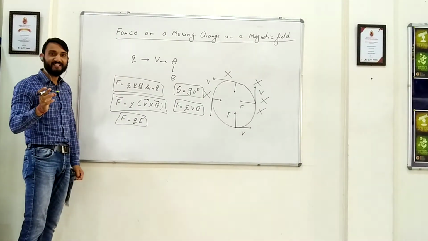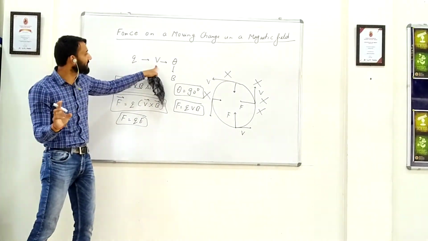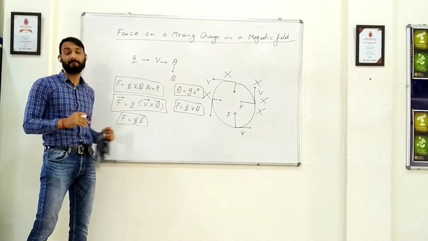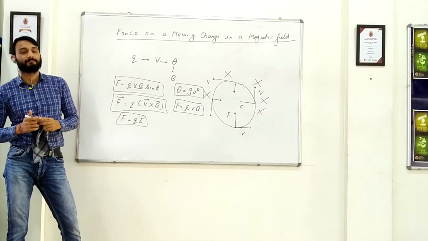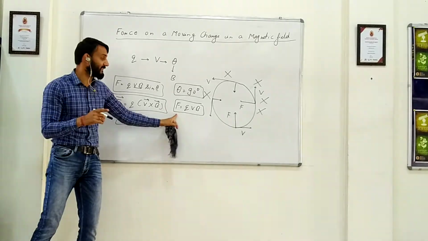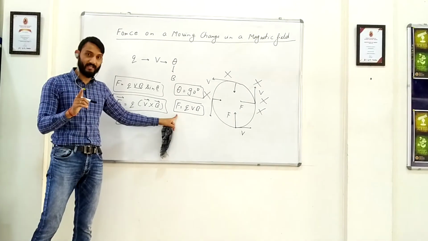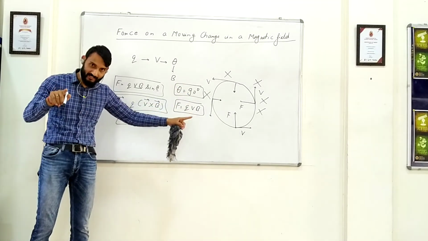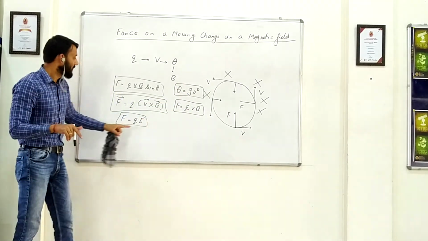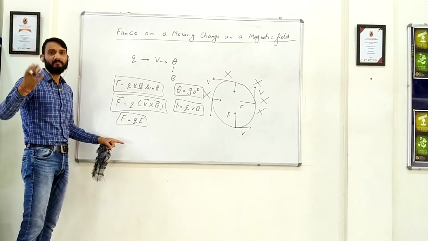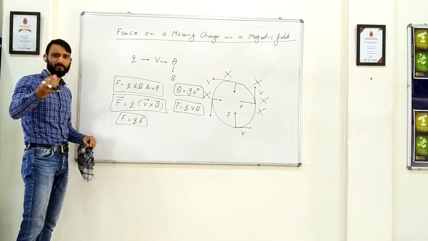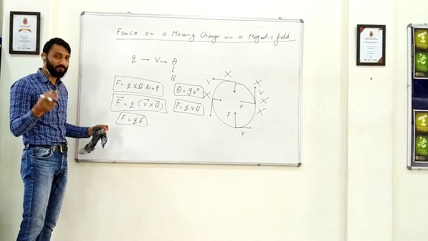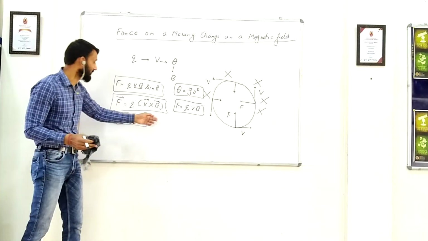And in most of the cases, I will try to keep the velocity perpendicular to magnetic field. Why? In order to get the maximum force. Okay, so it means in most of the cases, the path of the charged particle would be a circle. I am talking about in general; there would be one or two cases where this scenario will fail, but we will see that later on.